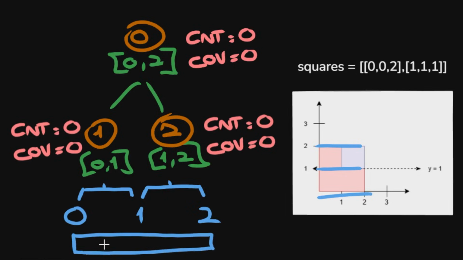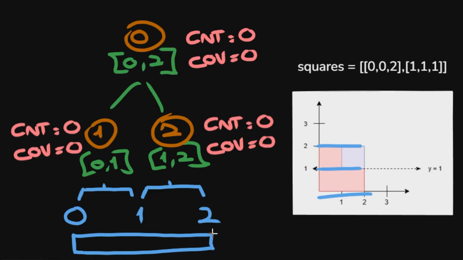And we need to find the largest possible interval that's covered by this square. And here we always start from the root. We are checking if we can fit this interval inside this square. So here left is 0, and this happens to be equal to the left bound of the square.